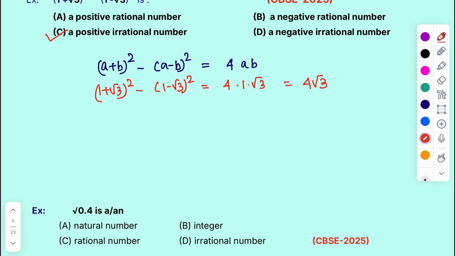Now, square root of 0.4 is the same as square root of 4 by 10, which is equal to 2 by square root of 10.